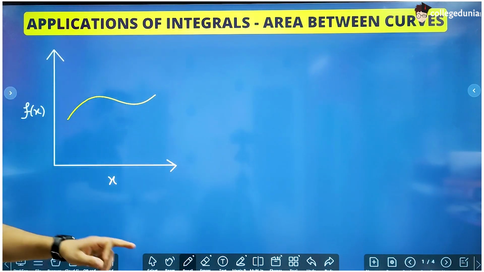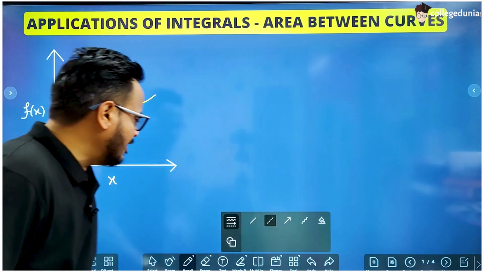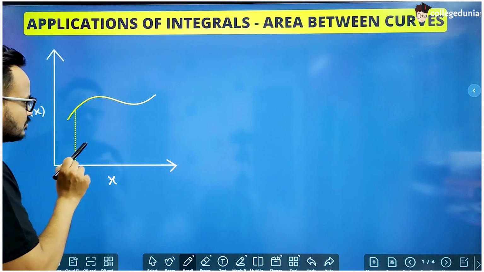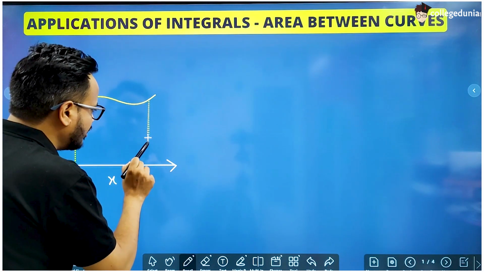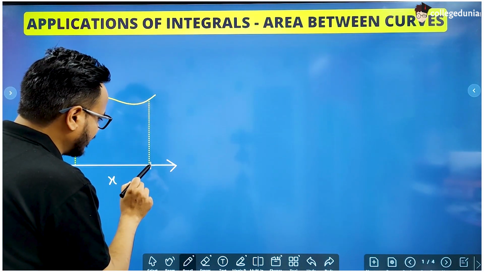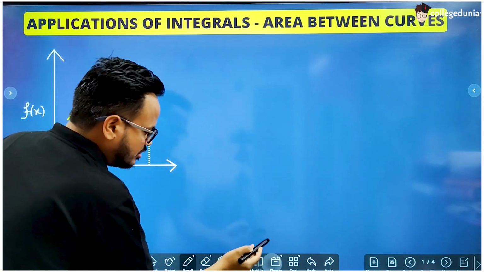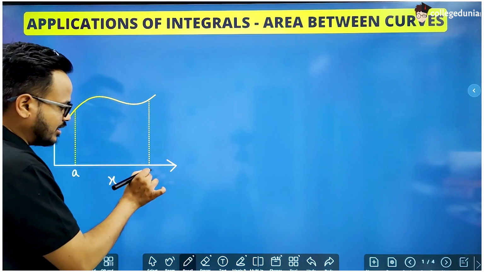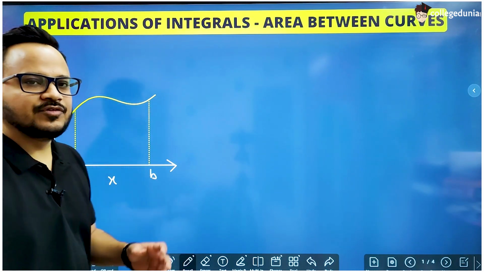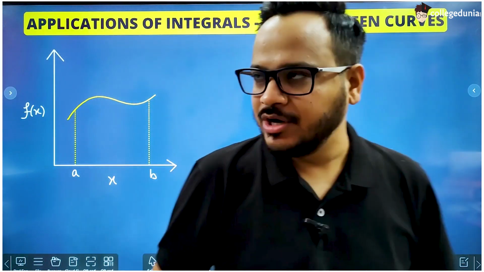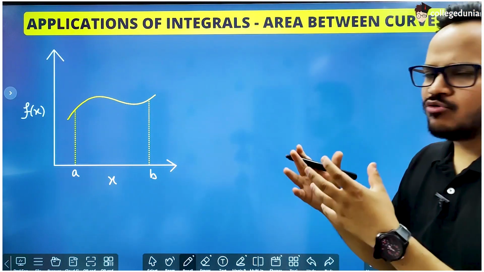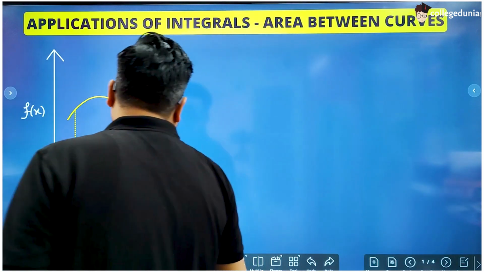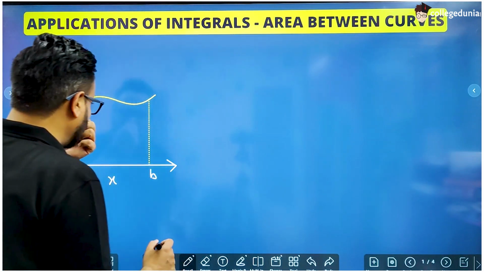Okay, now suppose I have to find the area bounded by this function from A to B, right? The area bounded by the graph of this function from A to B, which means I am supposed to find this whole area.